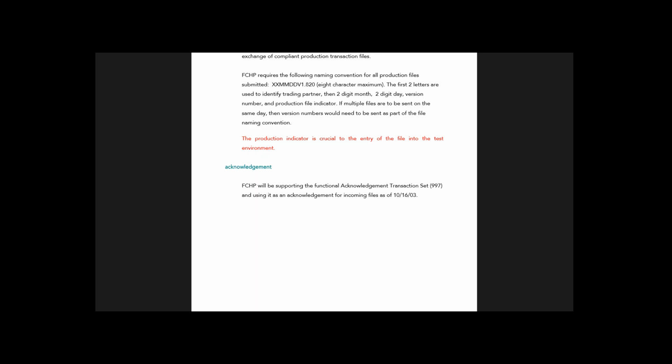If it is HC, it is for 837. If it is HS, it is for 270. If it is HI, it is for 278. And if it is HR, it is for 276. Those values decide which transaction the 999 acknowledgement is for.